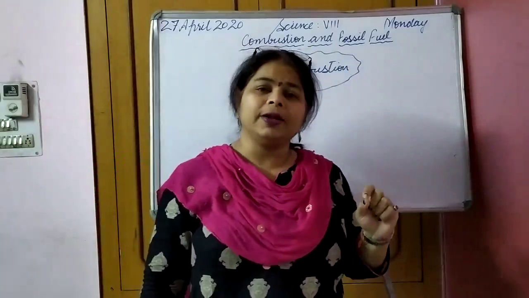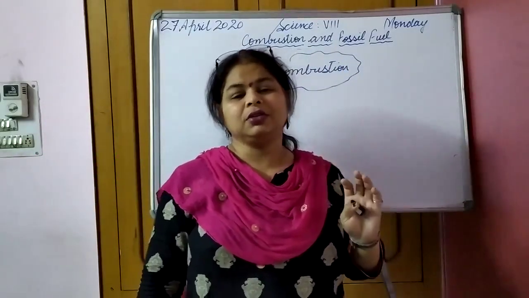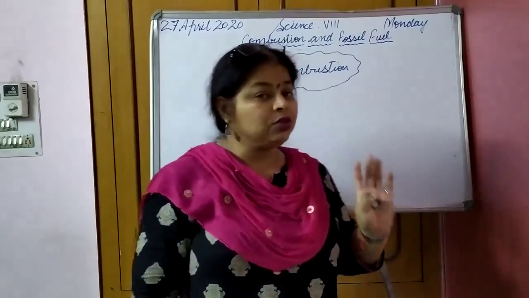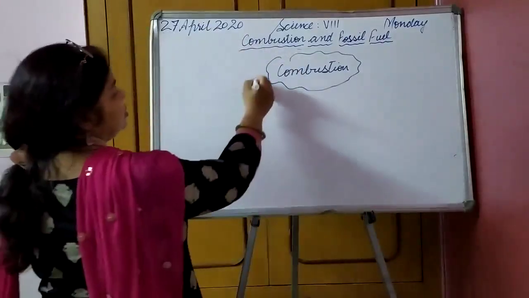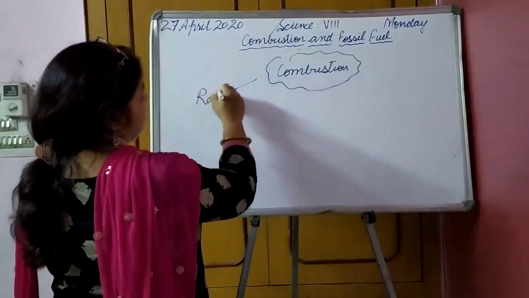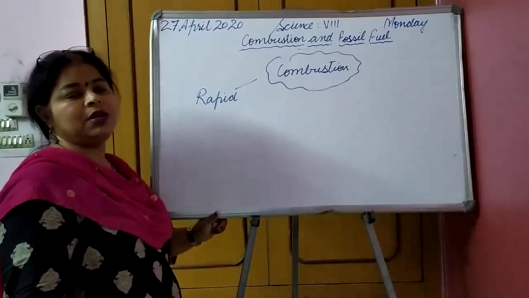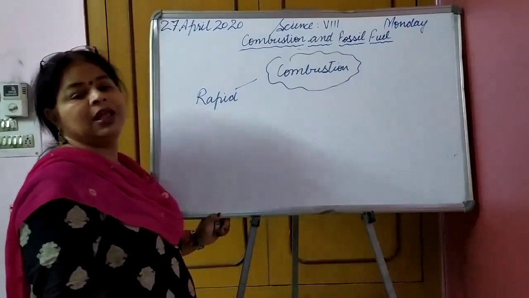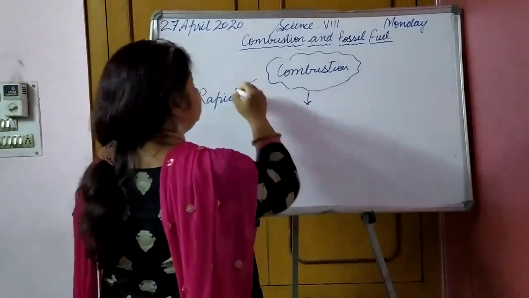If we categorize combustion, then it is of 3 types. We are going to write about them and discuss them. The first is rapid combustion. Then the second one is spontaneous combustion.